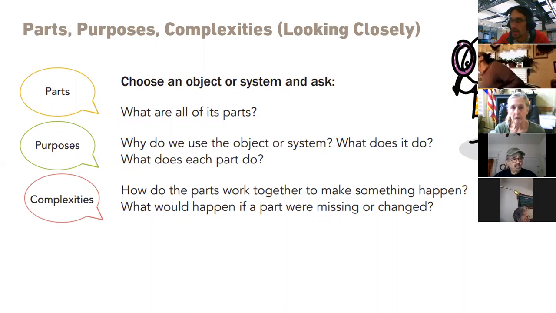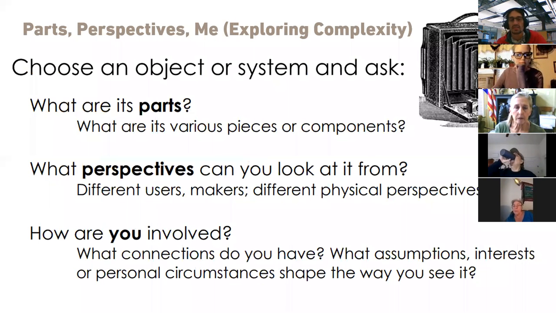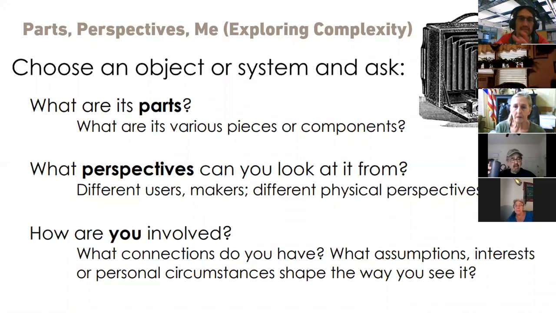Okay, so we're going to move on to one more thinking routine, and we're going to skip this one only because I want to go to the final one. But this is exploring complexity, and it again starts with looking at all the different parts of the object that you're looking at. Again, this could be a system too.